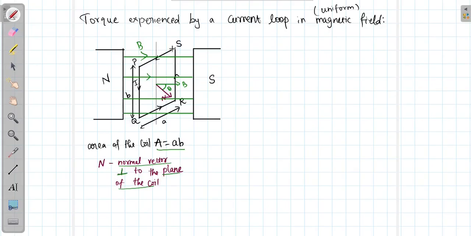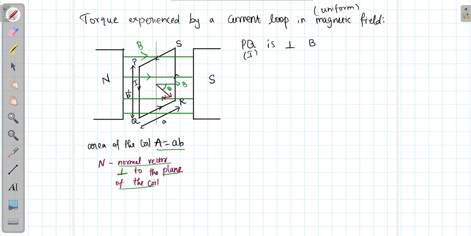Now we will see segment by segment. Look at the length PQ. It is perpendicular to the magnetic field, and it carries current I. Current is perpendicular to B, so it is not parallel, therefore this segment will experience a force.